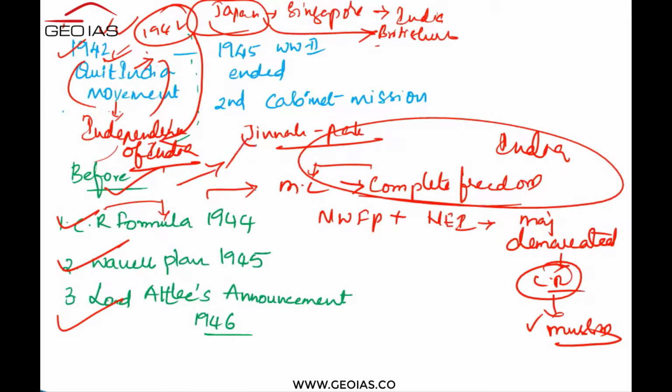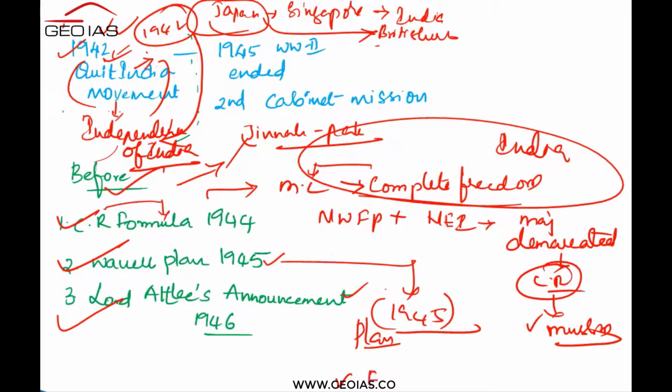Then there was Wavell in 1945. He also proposed a plan. In this plan, he said that a new executive council would be formed at the center. Except the viceroy and the commander in chief, all would be Indians.